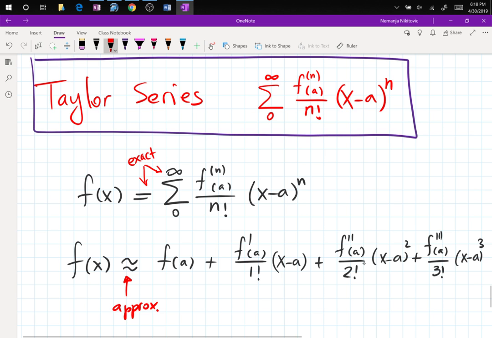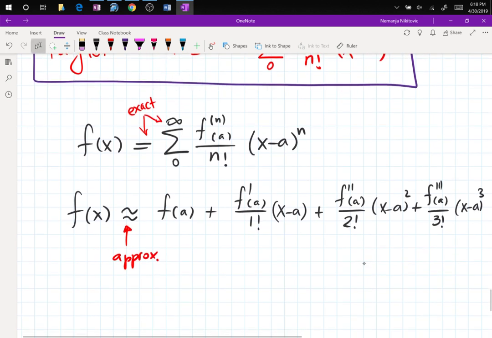Then as I kept adding more terms, it started bending more and more around sine to match it. Some of you asked, is this an exact match? Here is the answer. Yes, it is an exact match if you are using infinitely many terms. Is it an exact match if I chop it off? No, but it's pretty good in some region around the value.